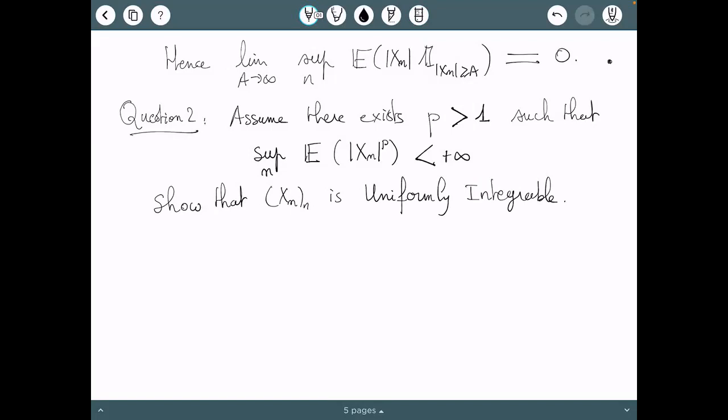So if you remember, we have to show that we have to bound, in some sense, this expectation of Xn times the indicator function of Xn bigger than a. We have to bound it by something which is independent of n, which goes to 0 as a goes to infinity. So do you have some ideas of how to attack, how to bound this guy?